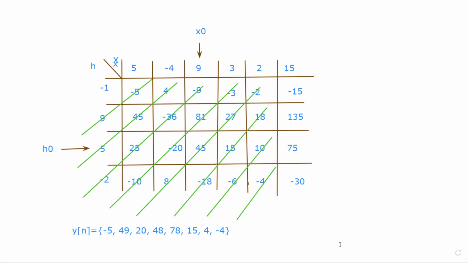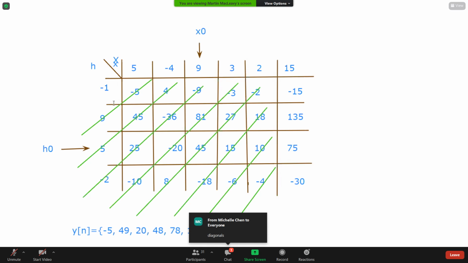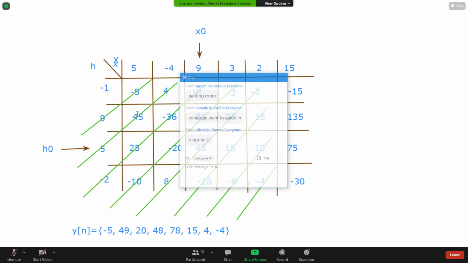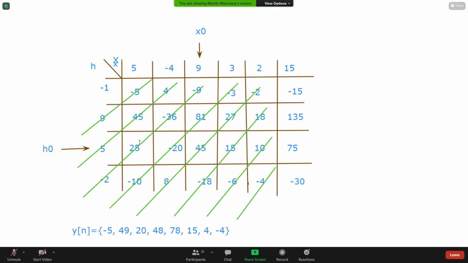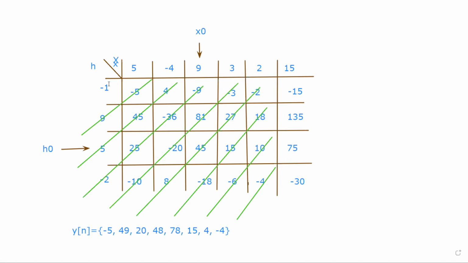Sir, I'm not seeing it get the minus 5 and the 49. Right. Well, the minus 5 is a diagonal with only one value. So you'll notice that the first one has 1, this has 2, this one has 3. Remember, it's only what is inside.